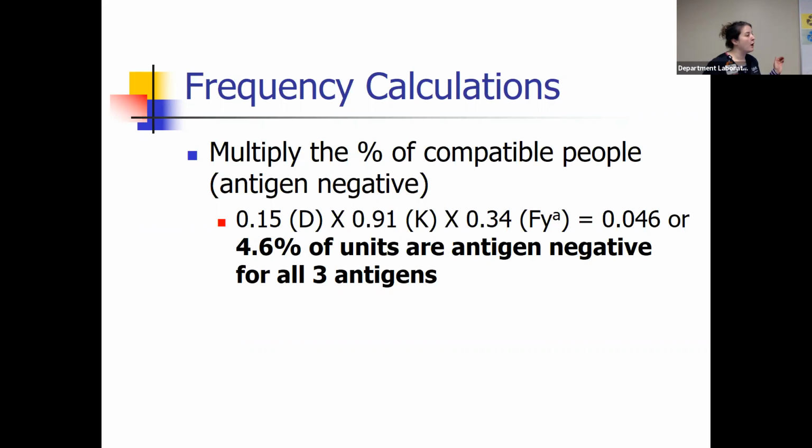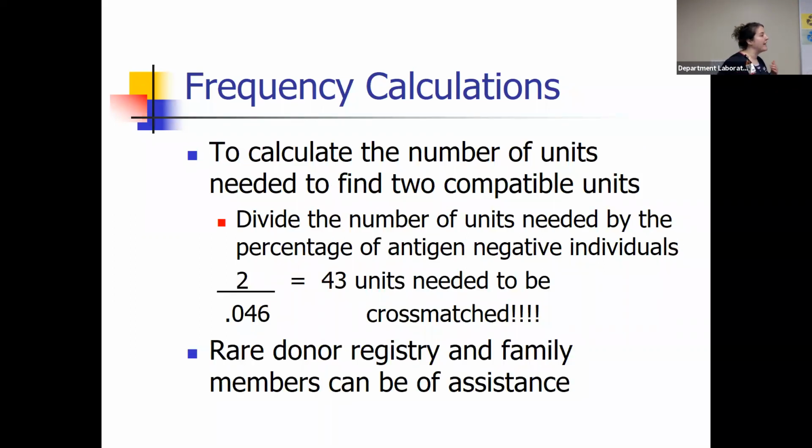Now that you know what percent of your population is negative, you can figure out how many units you need to crossmatch. You just divide the number of units by the percentage. If we need 2 units divided by the percentage, then you get 43 units that will need to be crossmatched. That's a lot.